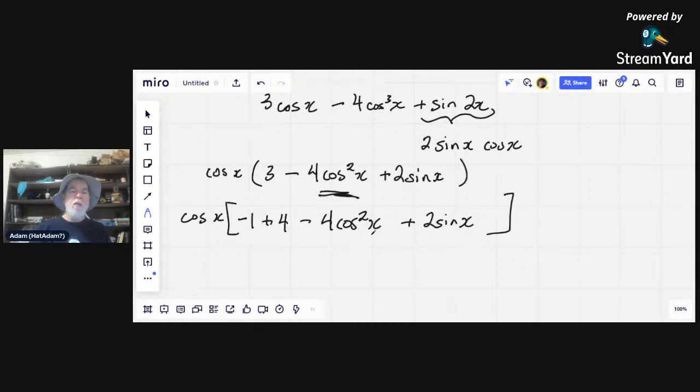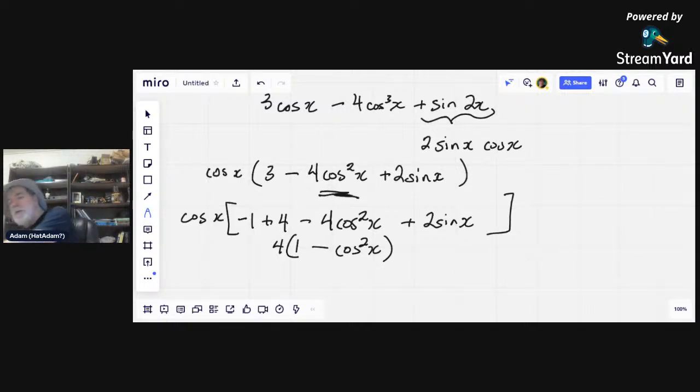And then what can we do with this 4 minus 4 cosine squared x? We're going to factor out the 4, and we end up with 1 minus cosine squared x. And what's next? Here's an identity which hopefully you're familiar with.